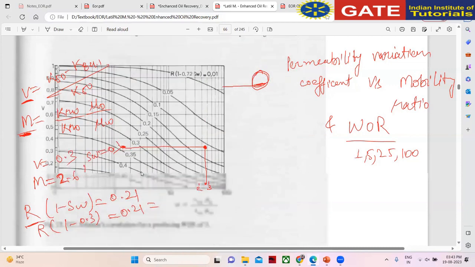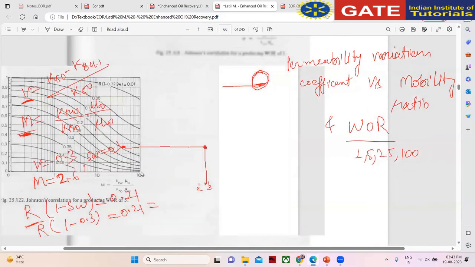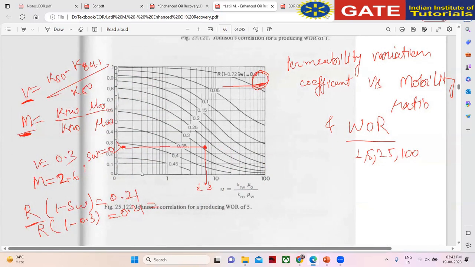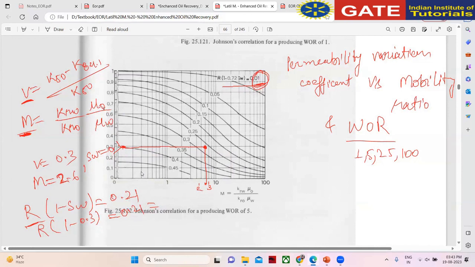Similarly, for that curve. Okay. Your M is 2.6 and your permeability variation coefficient will be 0.3. So you draw a line. Okay. This one is your 2, this one is your 3. So 2.6 will be in between that. Okay.